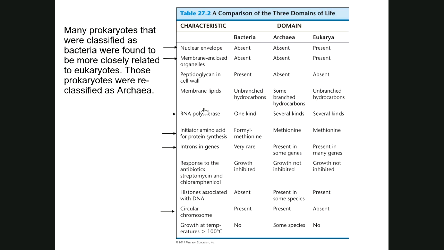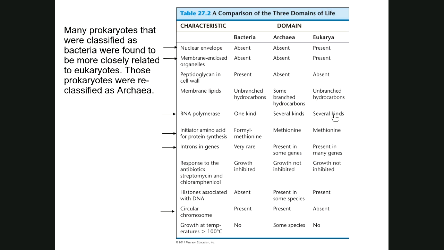But then jump down here to these three. RNA polymerase. When I go over gene expression and I talk about transcription, the enzyme that catalyzes transcription is RNA polymerase. And I briefly tell my students that in bacteria, there's only one type of RNA polymerase. In eukaryotes, there are at least three types, RNA polymerase 1, 2, and 3.